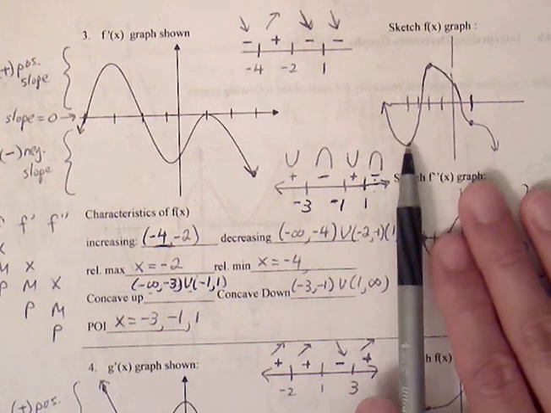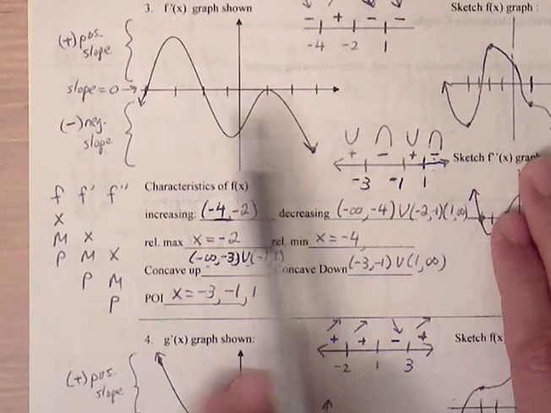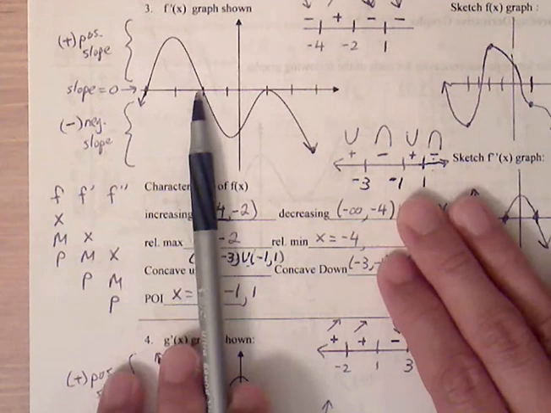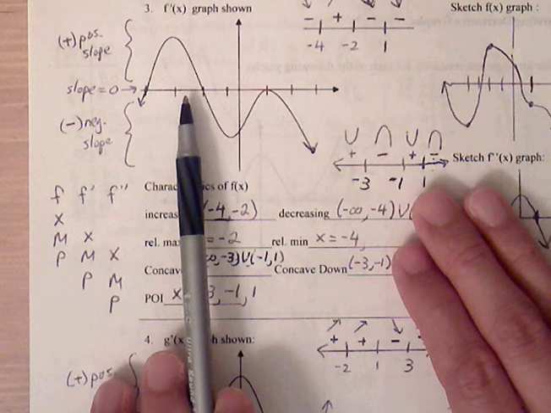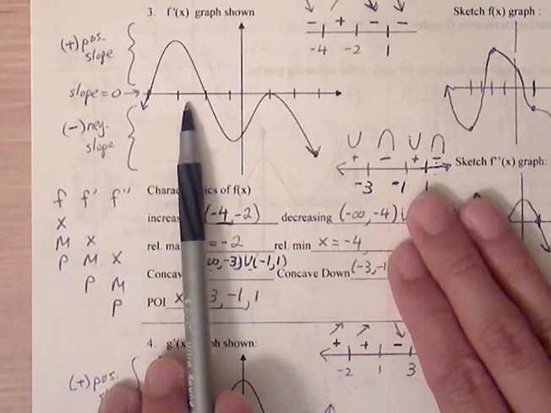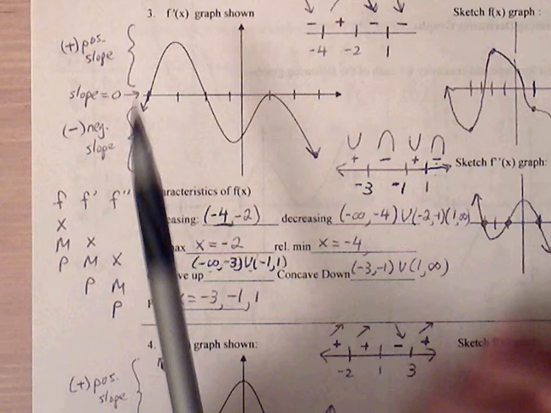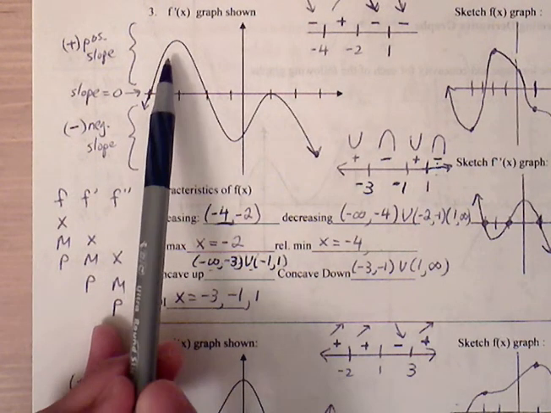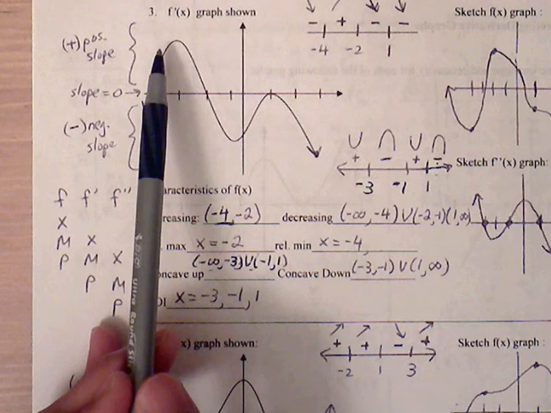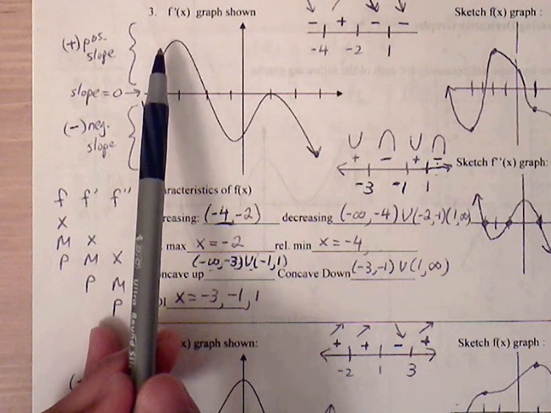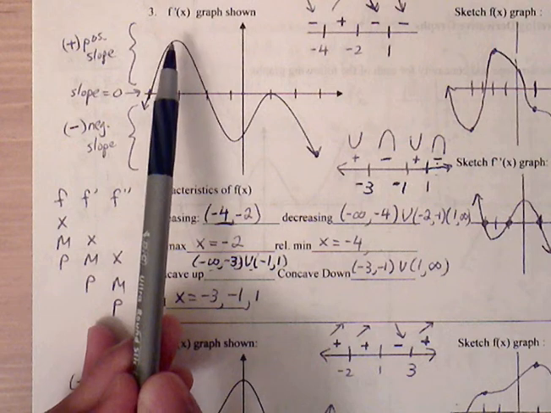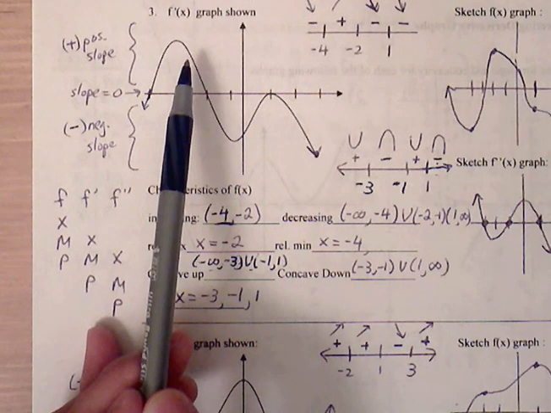Okay, so from here, now we can look at how we can sketch the second derivative curve. So we're going to look at this graph to determine where the points of inflection are. Now, if we're looking at the derivative graph, points of inflection is where the slope reaches its maximum or minimum steepness before the slope becomes more gradual.